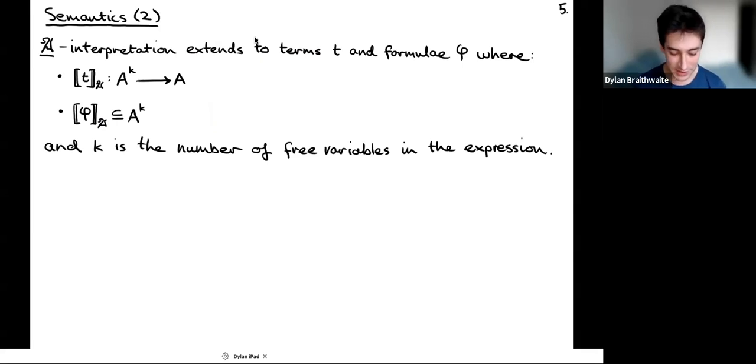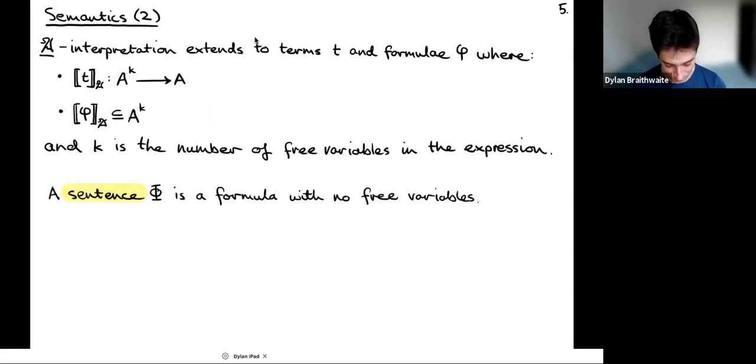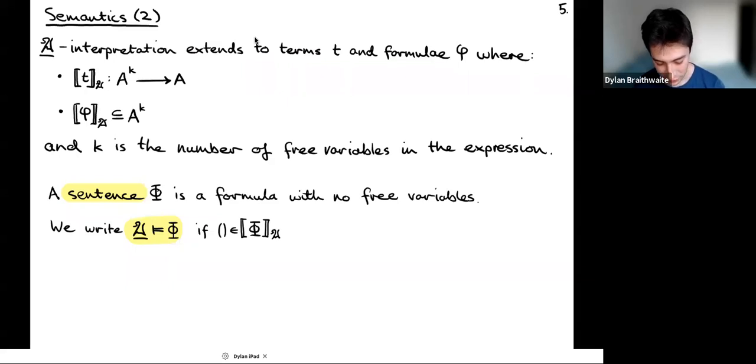And so in that case, it makes sense to talk about whether a sentence is true in a given structure. If there are no free variables, we call it a sentence rather than a formula. Then we can talk about its truth, just because it's slightly nicer notation to write this than to talk about whether there's an empty tuple in the one element set.